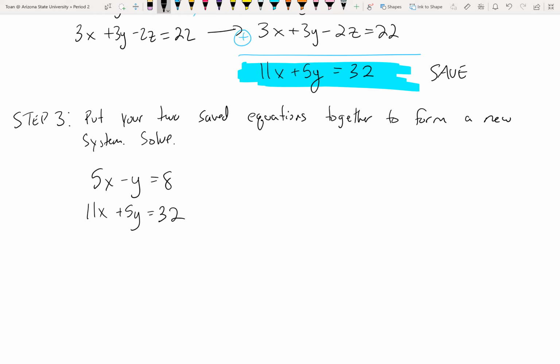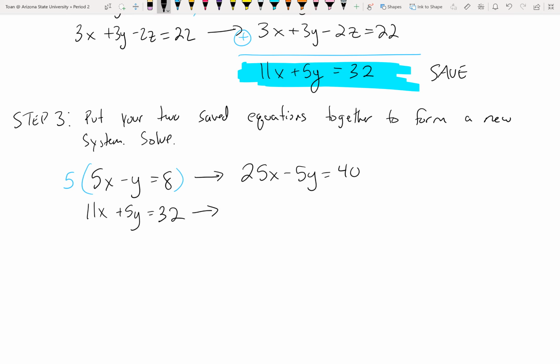Is it okay if I fast forward through the solving here? Okay, so I'm going to use elimination because that's what I like, but I'm going to go a bit faster here. I'm going to eliminate the y's. That means I need to multiply the top equation by a 5. So that's 25x minus 5y equals 80, or 40, excuse me.